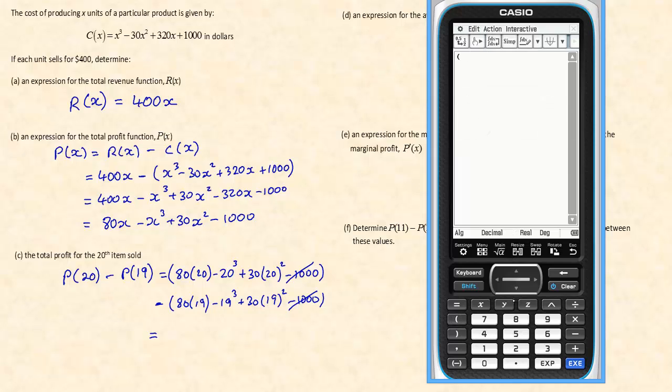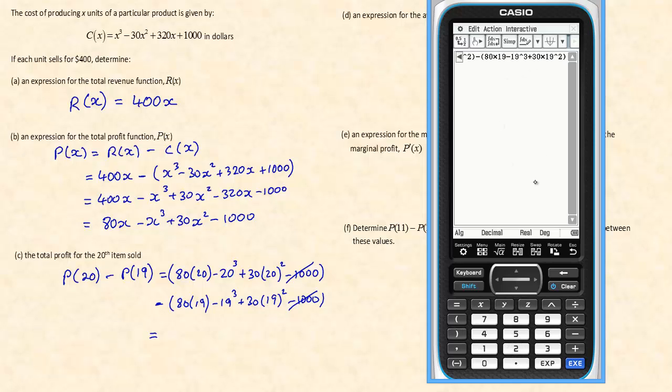So we have 80 times 20, take away 20 cubed, add 30 times 20 squared, and we're going to subtract from that 80 times 19, take away 19 cubed, add 30 times 19 squared.